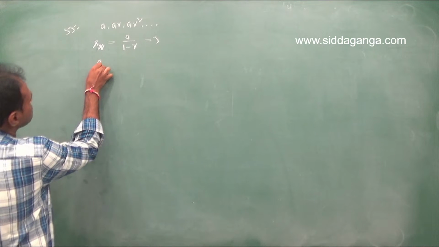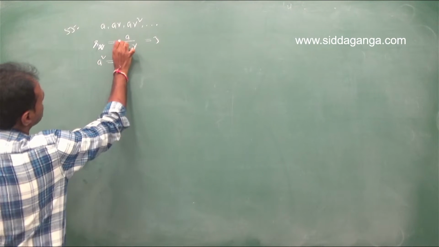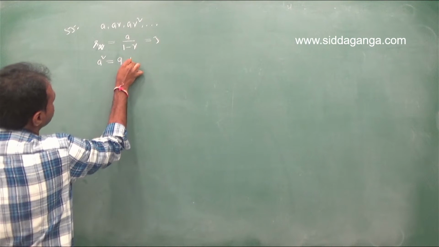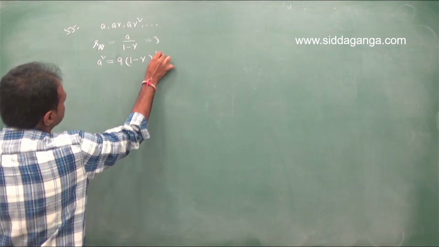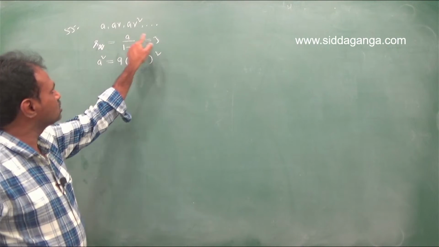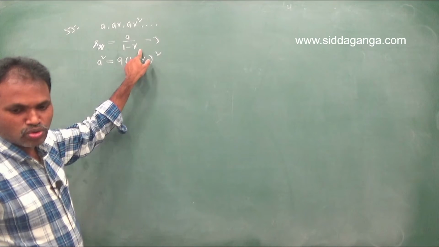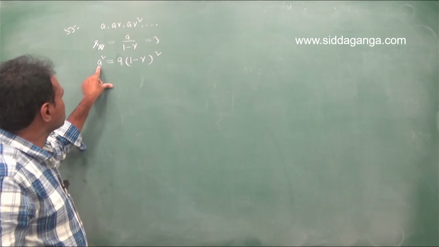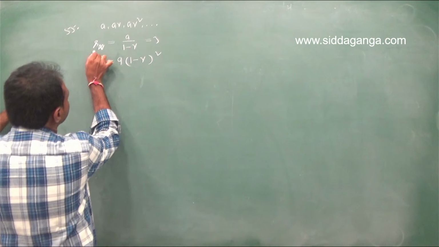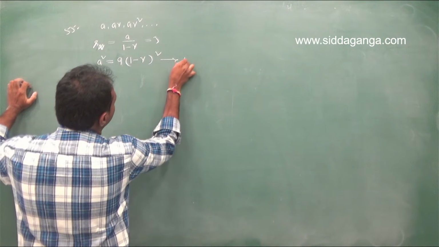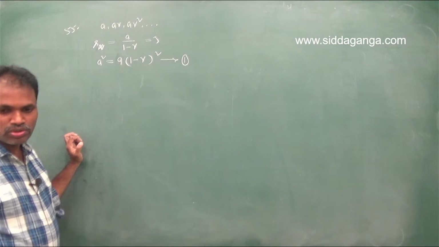Squaring on both sides, a square by (1 minus r) whole square equals 3 square, which means 9. That is a square equals 9 into (1 minus r) whole square.